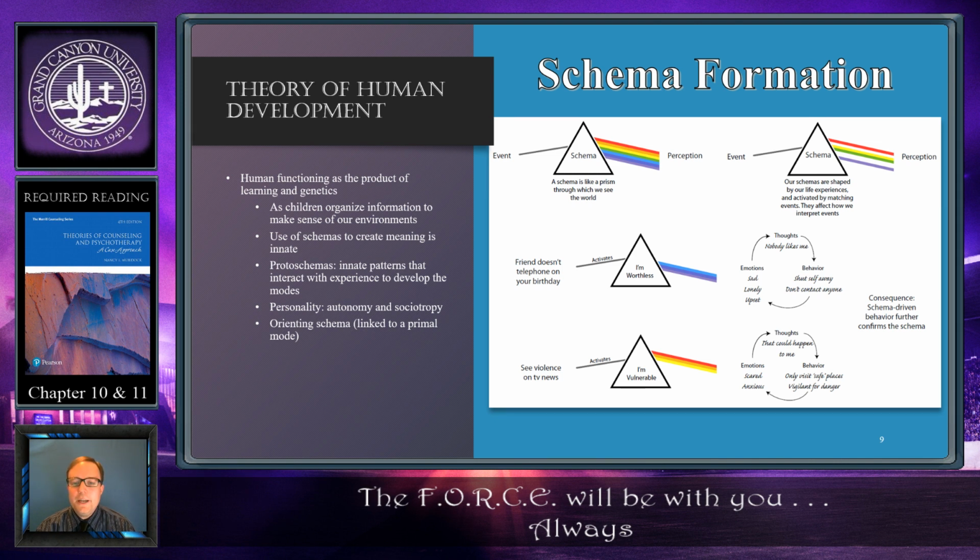The goal here is to isolate the schema in our conversation and help the client to look in their present to find evidence that says this schema is actually a lie. This negative schema that shifts me into my bad version of life is a lie that has been created by other people or other situations I actually had no control over, and I can actually believe in myself now. Let's practice doing that during our conversations and counseling.